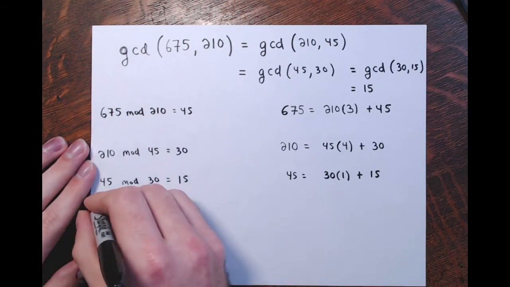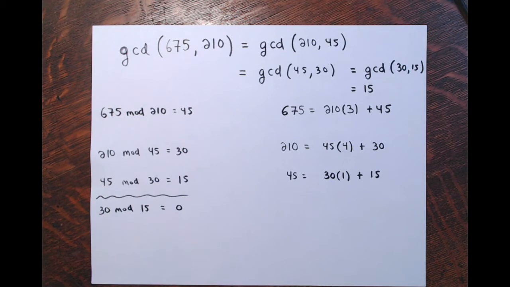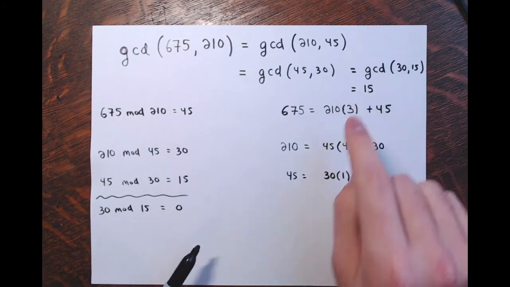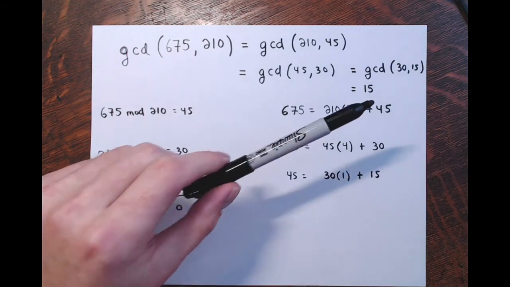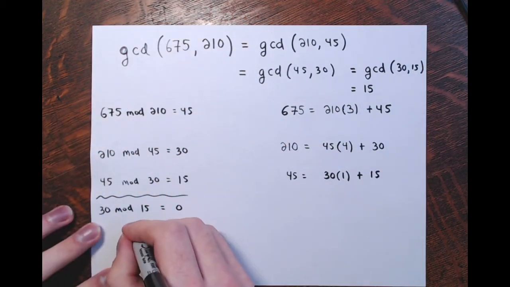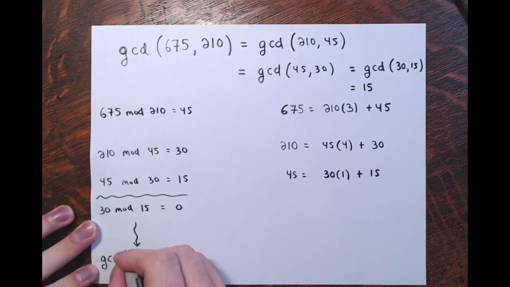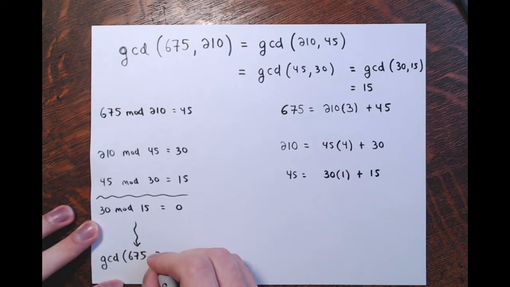That means the next step is meaningless. So the greatest common divisor is that last non-zero remainder, 15. So 15 is the largest number. After all this, we see that the greatest common divisor of 675 and 210 is 15.